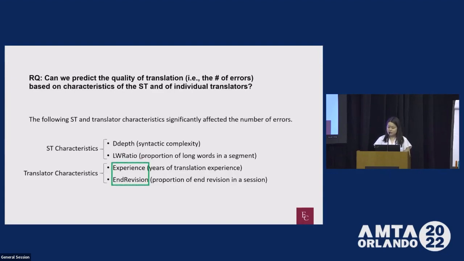Interestingly, and perhaps more importantly, we found that translators' years of experience and the length of end revision can be important factors to consider when one needs to weigh time against quality or vice versa.